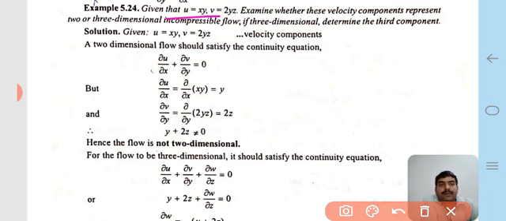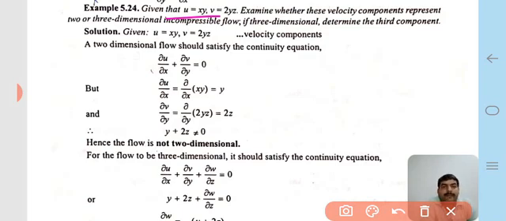Examine whether these velocity components represent a two- or three-dimensional incompressible flow. If it is a three-dimensional flow, determine the third velocity component, that is the z component, with the help of the two velocity components given here.